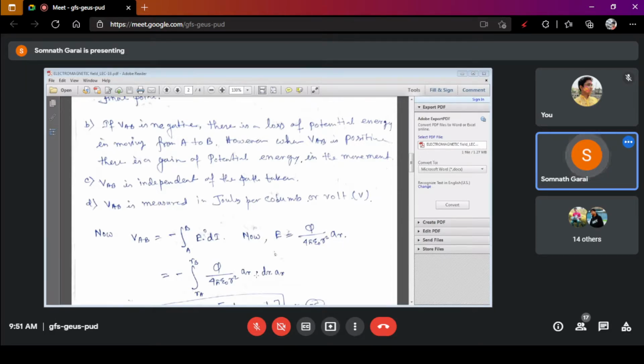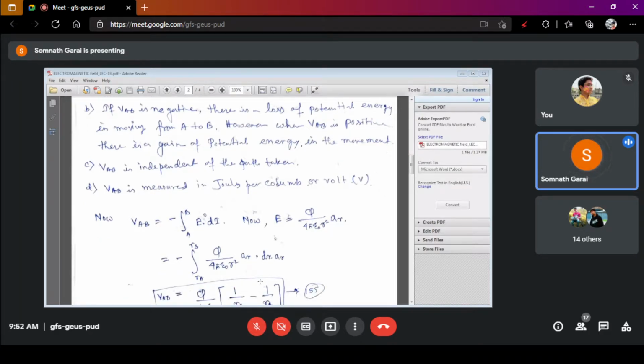Okay, that means the point charge Q moved from position A to position B, the path is independent. So Q is moved in any path from point A to point B.